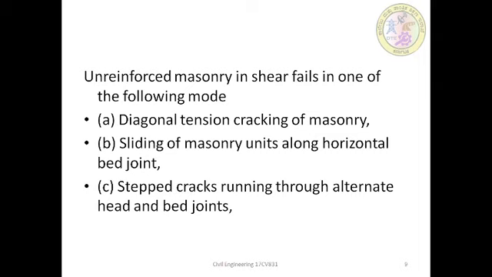Now, the permissible shear stresses for unreinforced masonry are based on experimental research for the various failure modes. At low pre-compression, that is less than 0.2 MPa, for a sliding type of failure mode, a Mohr-Coulomb type of failure theory may be more appropriate, and the shear capacity increases due to the increase in the vertical load.